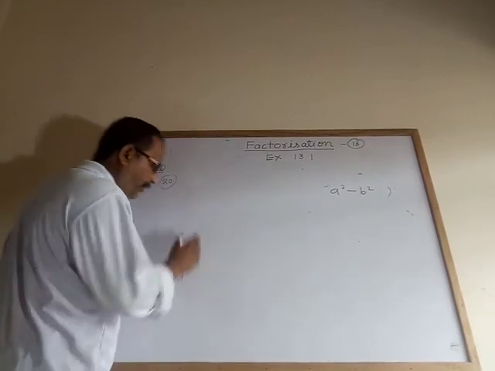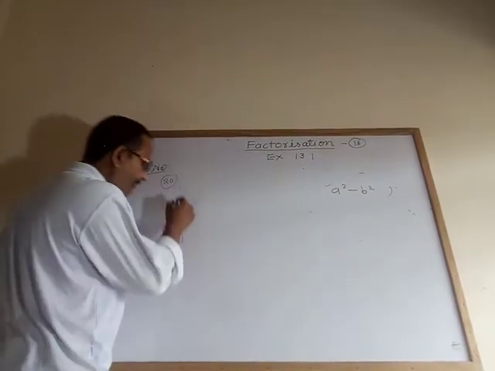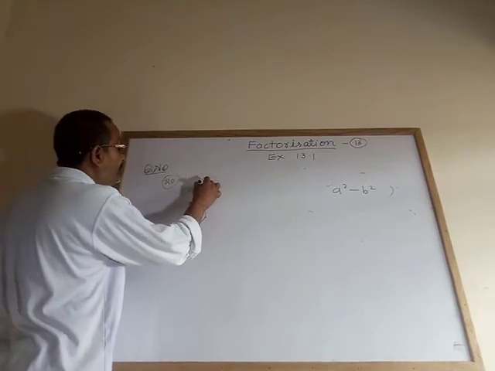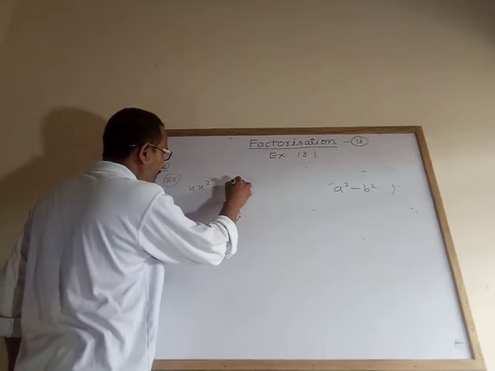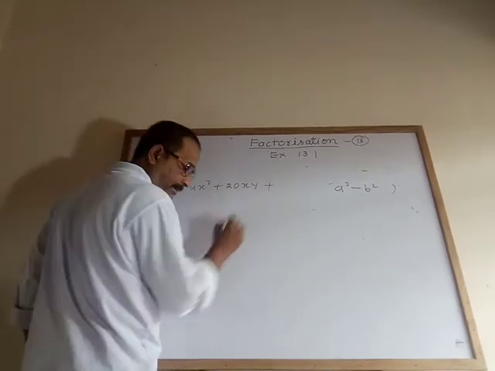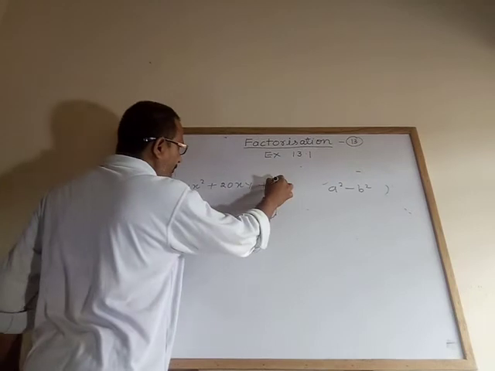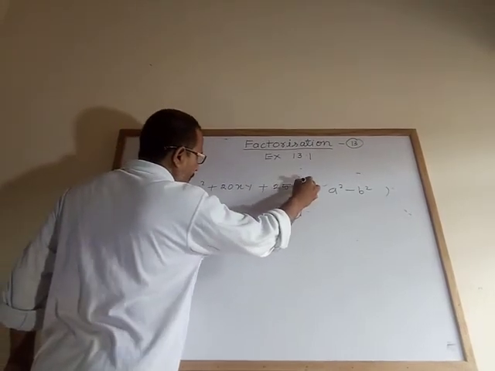Question 20: 4x square plus 20xy plus 25y square.